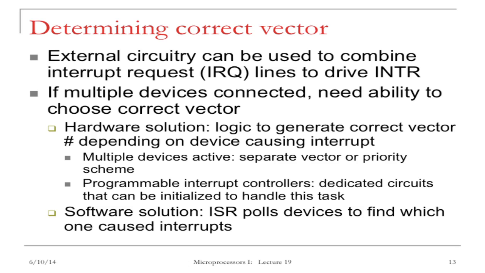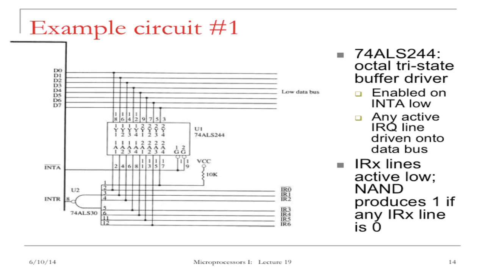So let's look at this scenario here. On the left, we have this microprocessor, and we have the interrupt pin, INTR, and we have this INTA, which is active low. That's the acknowledgement coming out of the microprocessor. And we have from 0 to 6, 7 devices.